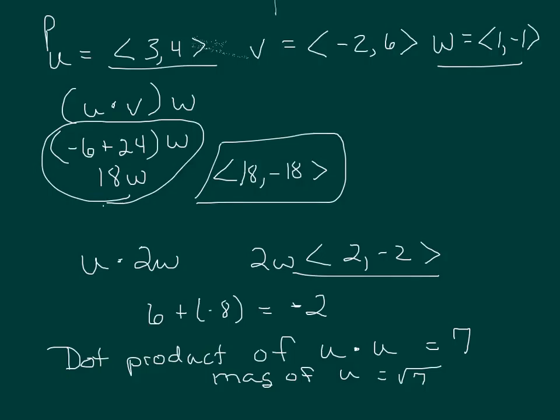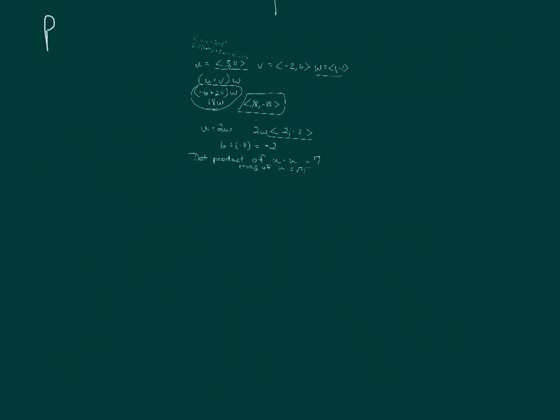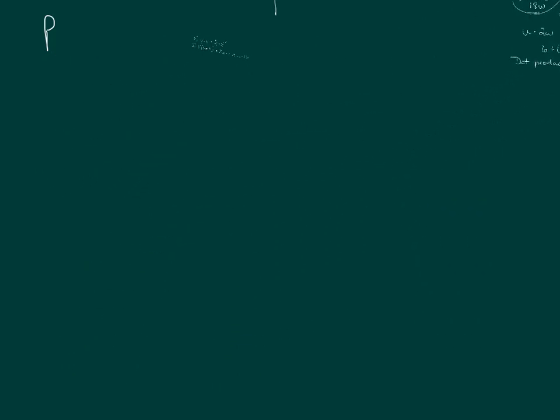All right. Another important use of the dot product is to help us find the angle between two vectors. And that's what we're going to be looking at for the rest of the time today. If we have vector u and vector v, those vectors have an angle between them.